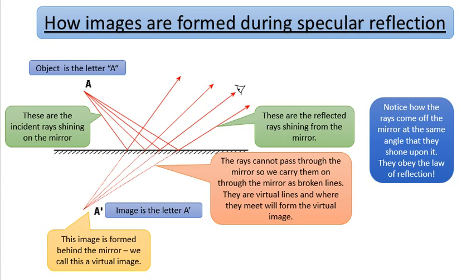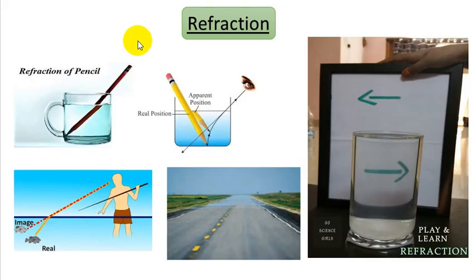Next, an interesting physics phenomenon, guys: refraction. In everyday life, we can face examples of refraction. For example, when you put something into water, say a pencil into a glass cup of water, you can see this kind of figure.